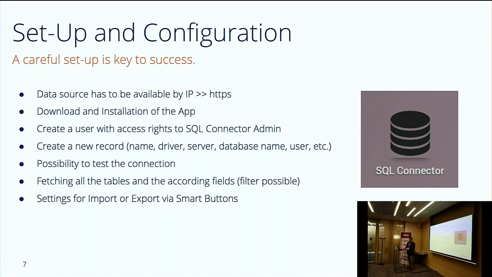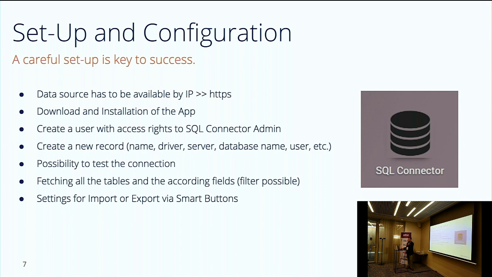Then we start. Now we create the connection. So we create a new record. We give a name, we say which driver is being used, and we enter the database name, the user, the password, all this stuff necessary to create the new connection. We have the possibility to test the connection before we fetch all the tables from the source database into Odoo.